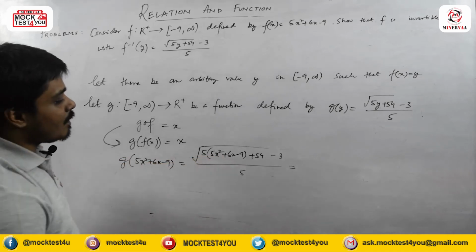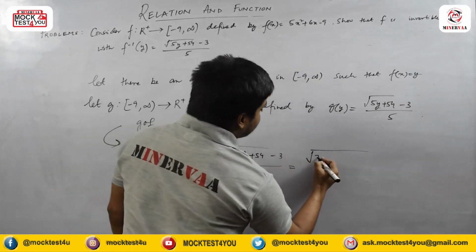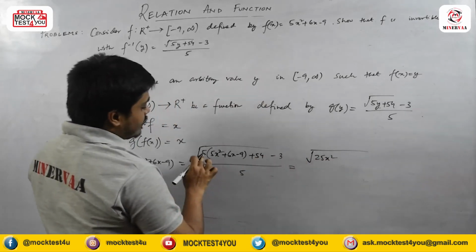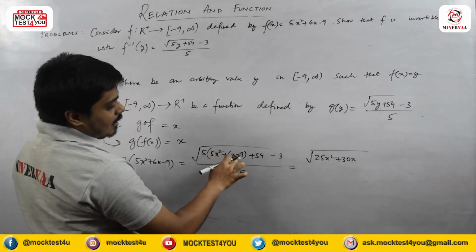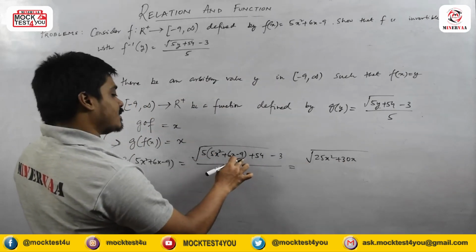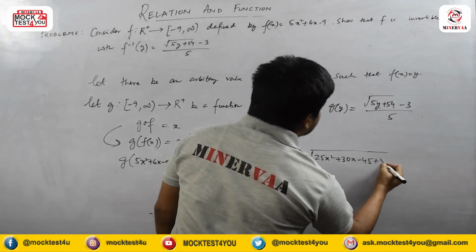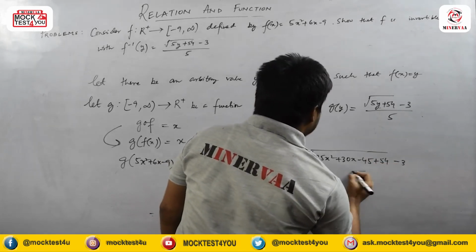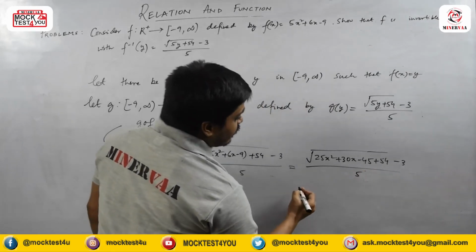Let us multiply. So what we get in here is 25x square, then 30x, then this one is what? Minus 45 plus 54, minus 3, divided by 5. So after this what we have?